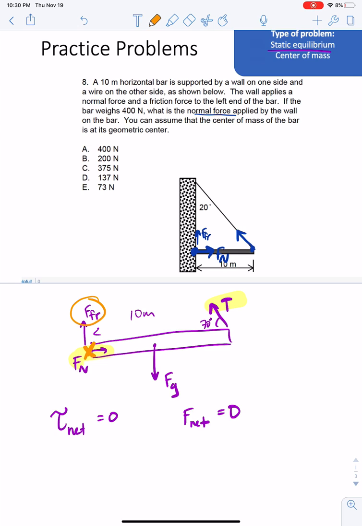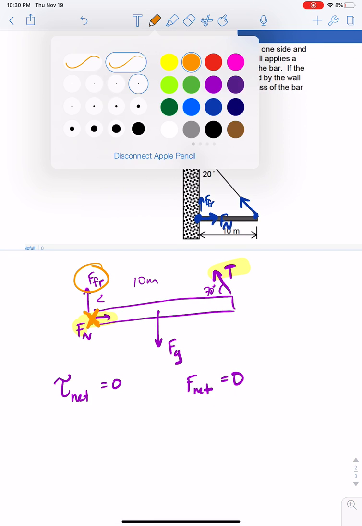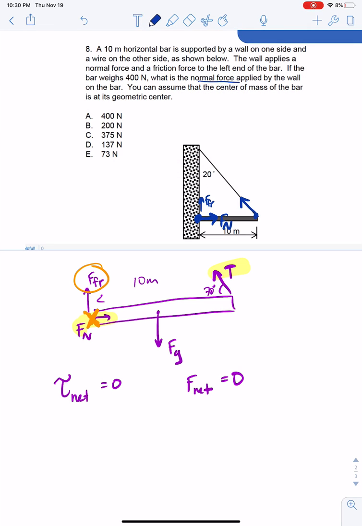All right, so this is going to be our axis of rotation, and so then we want to find all the things that can cause a torque. I'm going to switch to this blue here. So the torque from gravity is going to be the perpendicular force times the radius, and that is a clockwise torque, which our convention says is negative.